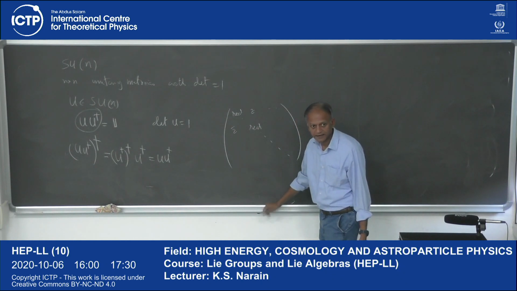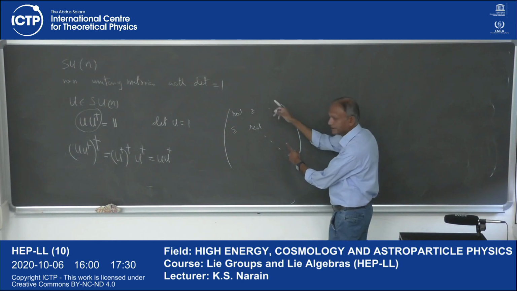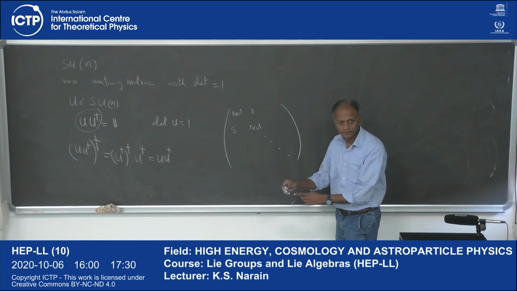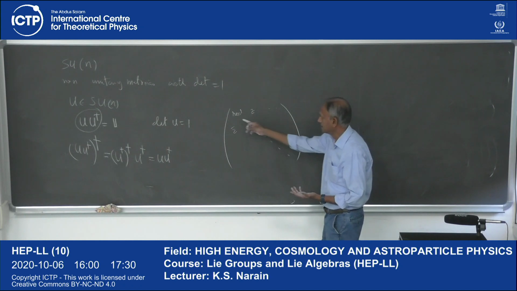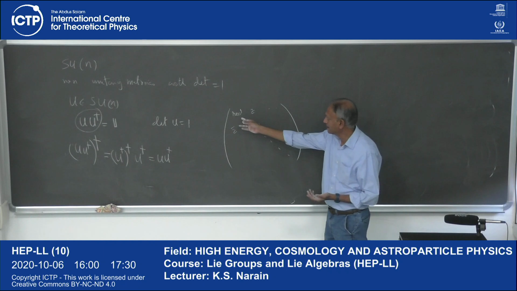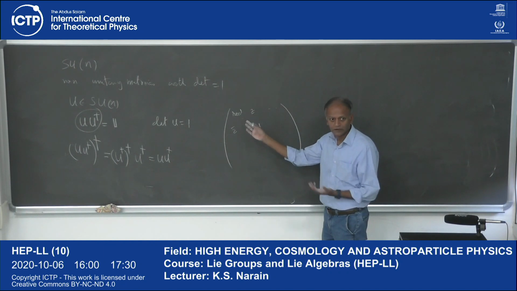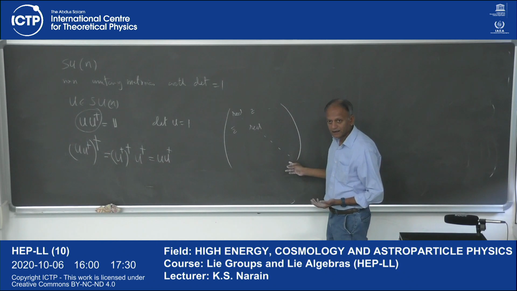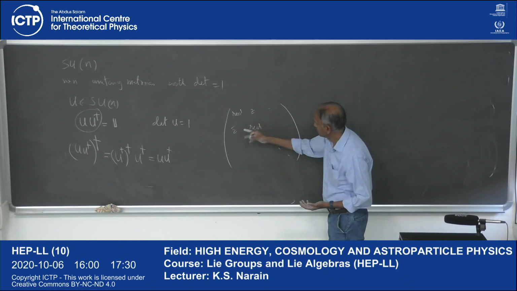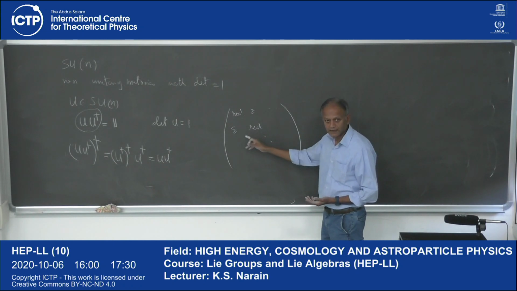That is what Hermitian means, because when you take the dagger, you take the transpose and complex conjugation. The transpose doesn't change the diagonal, so the complex conjugate of the diagonal must equal the original diagonal, therefore it must be real.